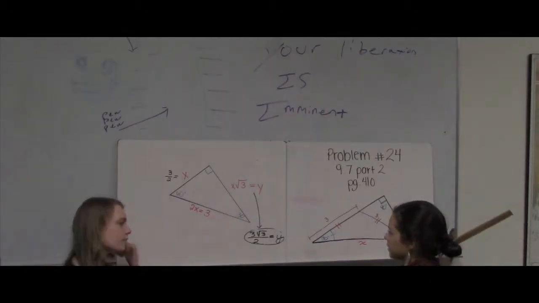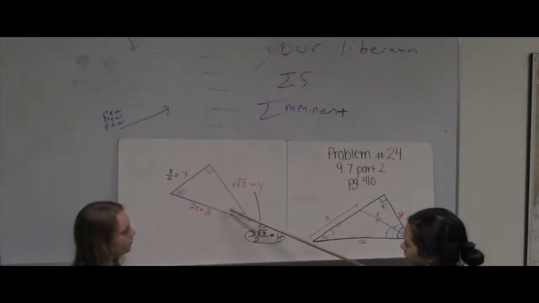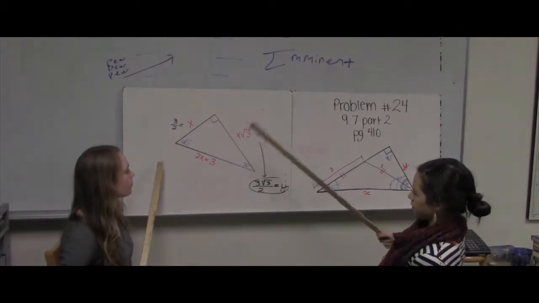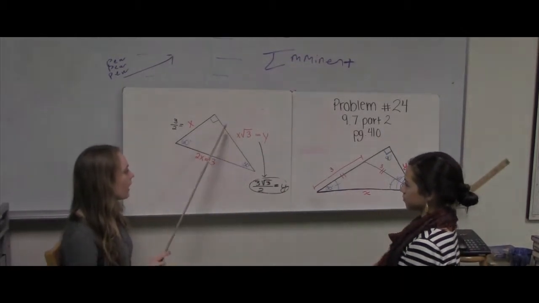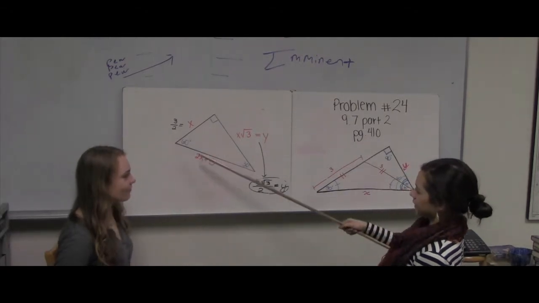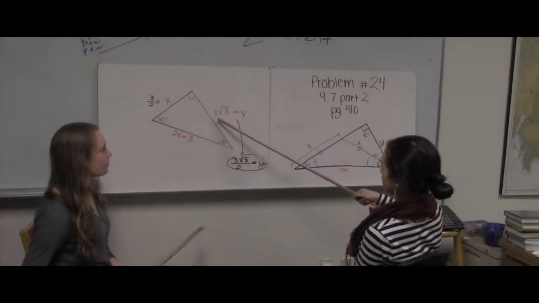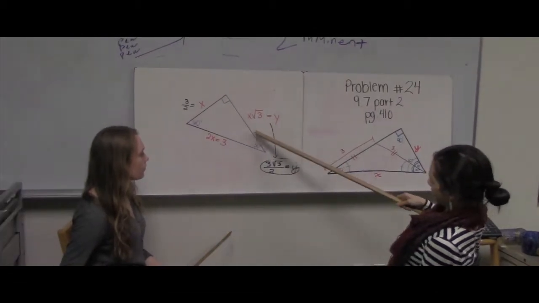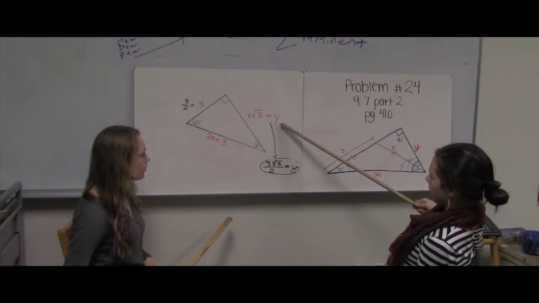In a 30, 60, 90 triangle, the side length opposite 30 degrees is x, the side length opposite 90 is 2x, and the side length opposite 60 degrees is x times the square root of 3. In this case, x times the square root of 3 is y.